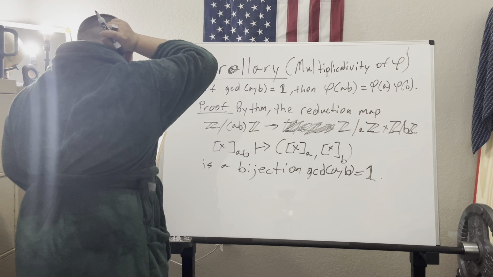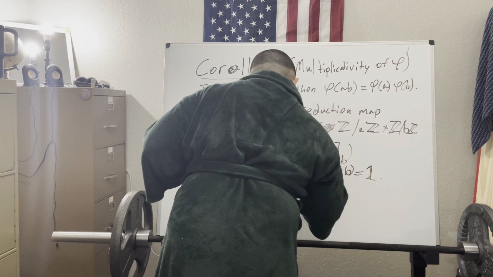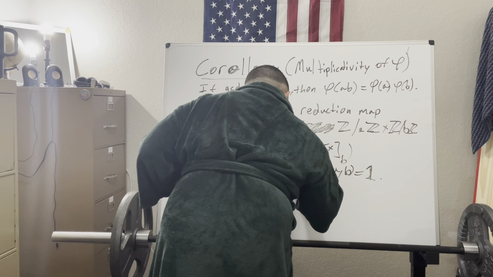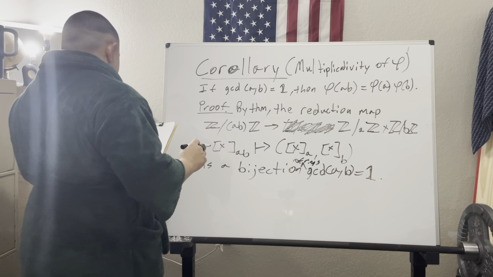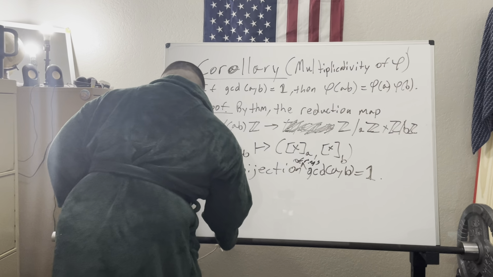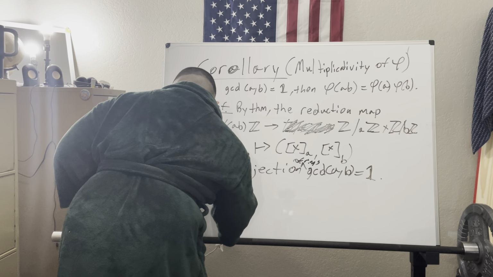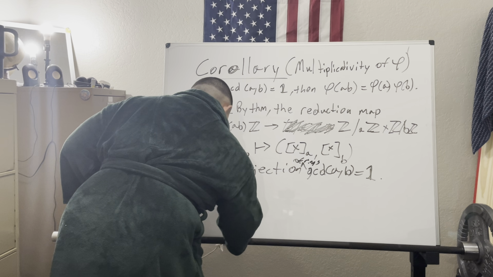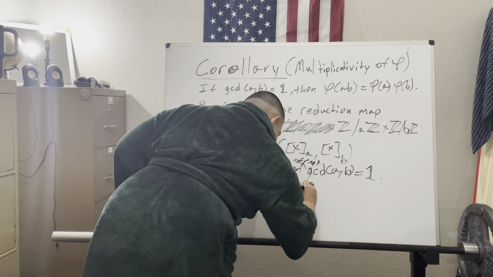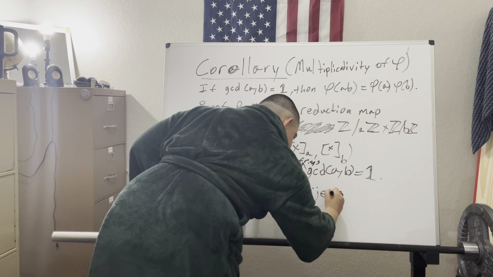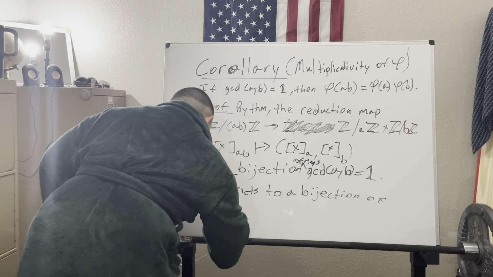Now, a bijection of rings. What is a ring? We'll pause on that for now. We'll get back to it. The bijection restricts to a bijection of unit groups. And we'll get into what those are as well.